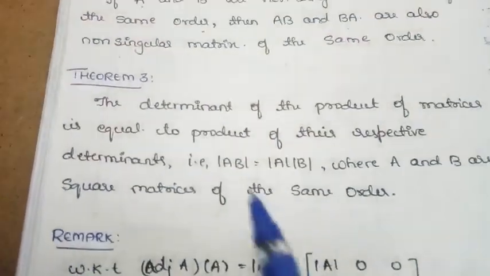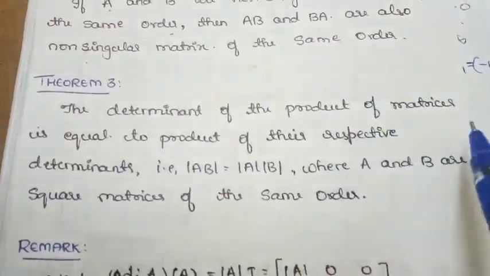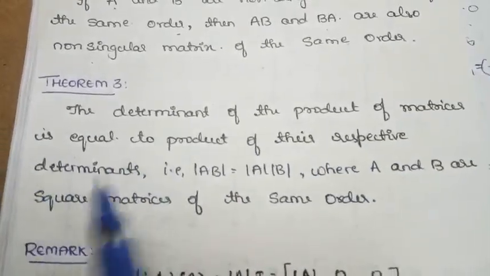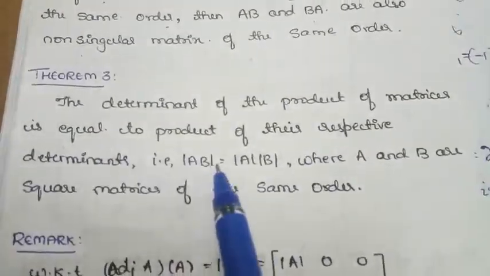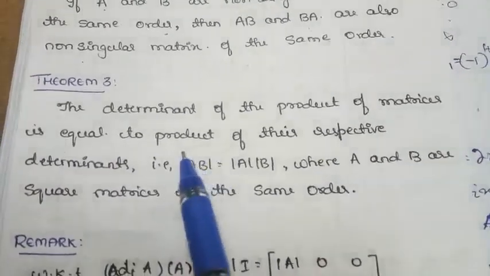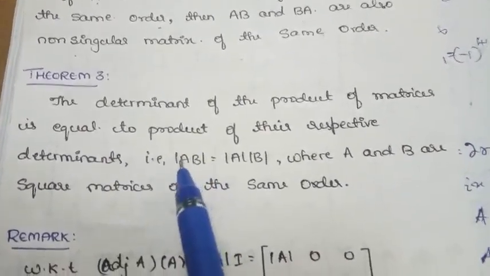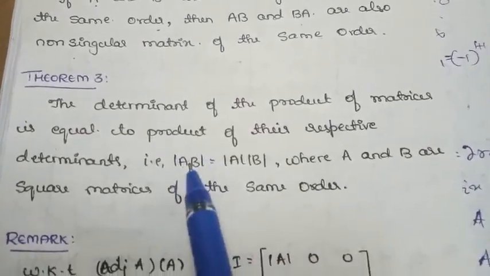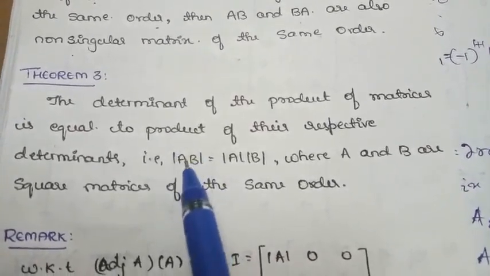What about theorem 3? The determinant of the product of the matrices is equal to the product of their respective determinants. So that is what they are saying. If A is one matrix and B is another matrix, if you multiply those two matrices, you get matrix AB.